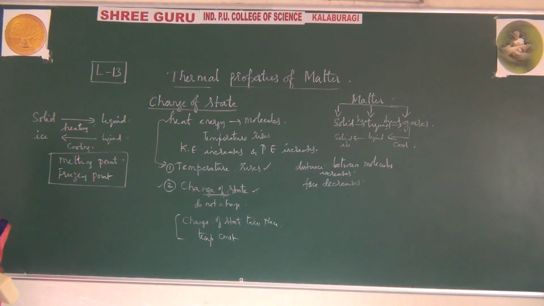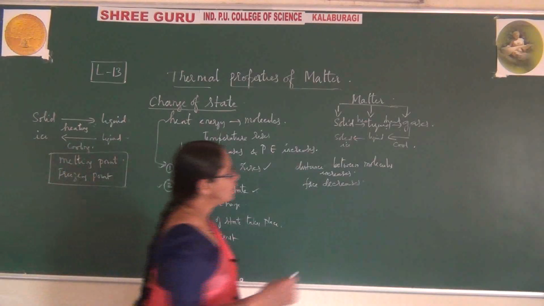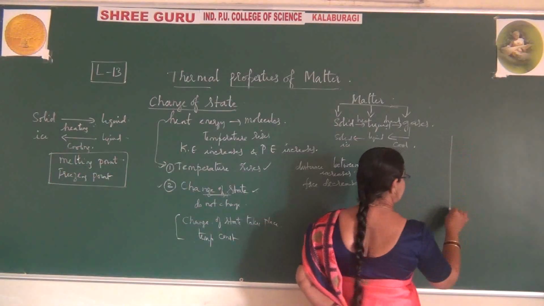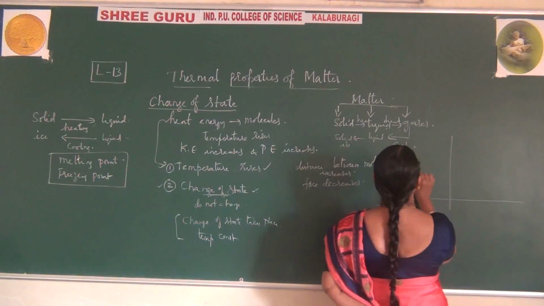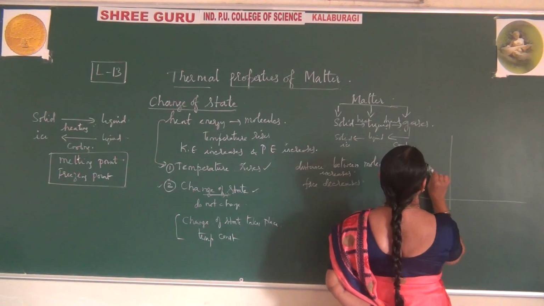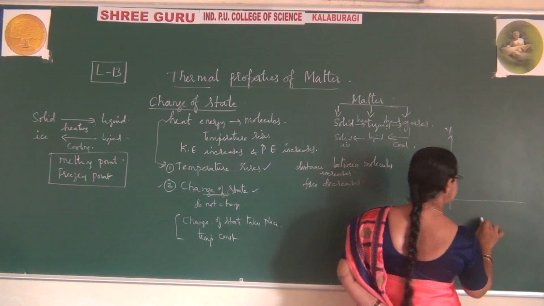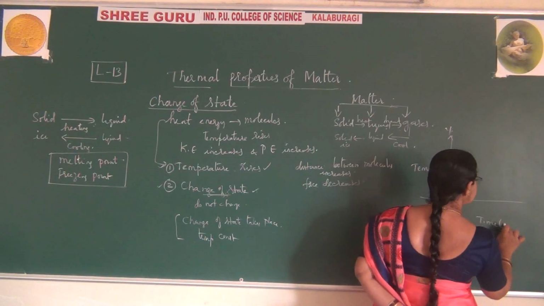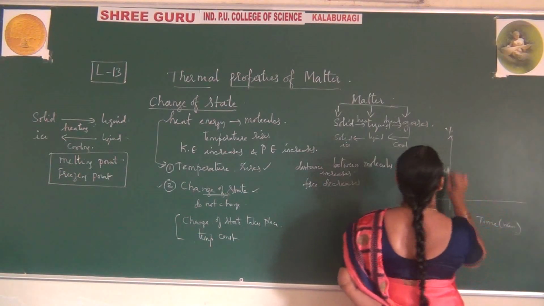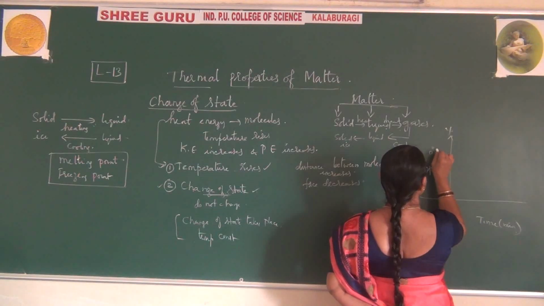So when the temperature changes with respect to time, what graph do you come across? Here is the graph of temperature versus time. You can observe temperature along the y-axis, and time along the x-axis, in minutes. Temperature is in degrees centigrade.